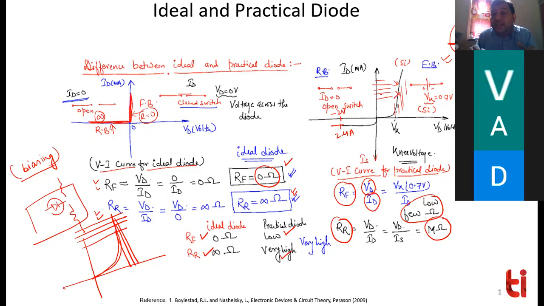Whether this diode is working on this point, meaning in this circuit this much current is flowing and this is the voltage across the diode. On which voltage and current, on which point you have placed the diode, that is known as the biasing point.